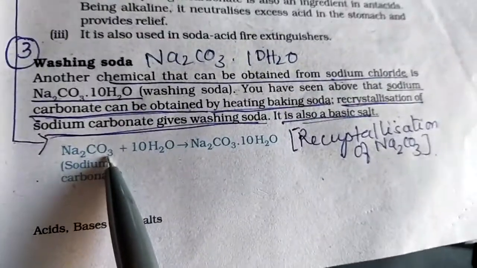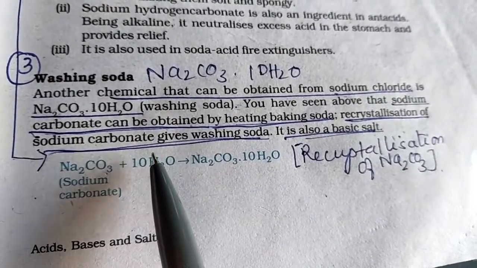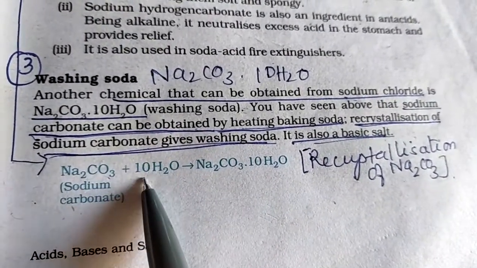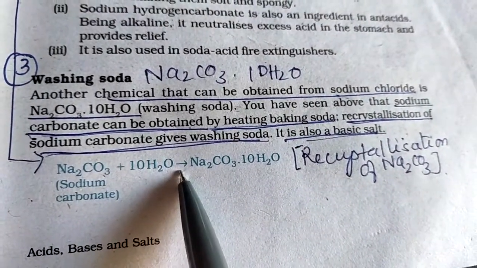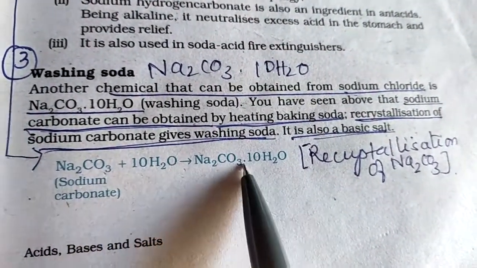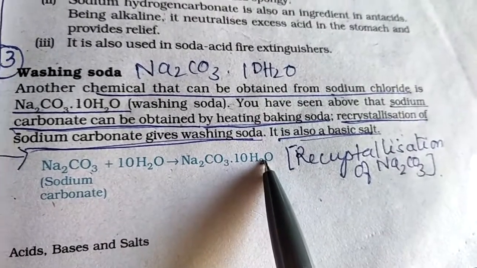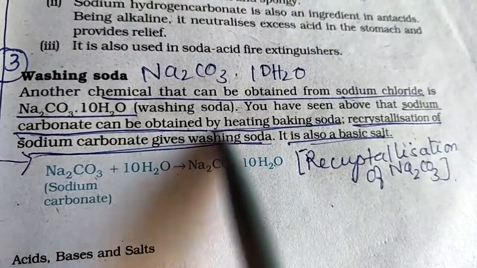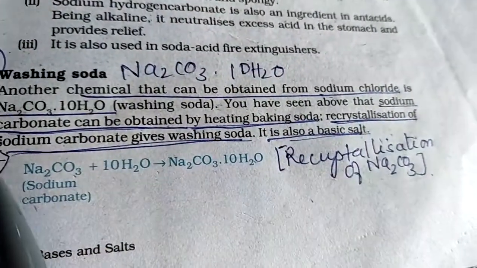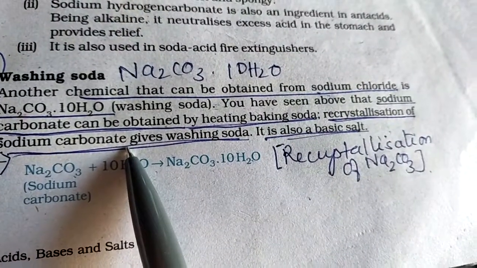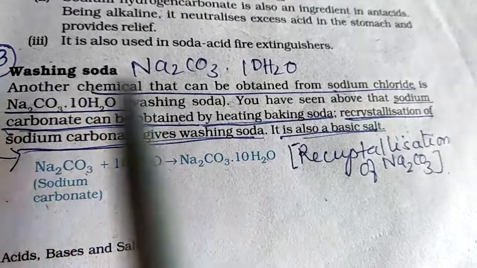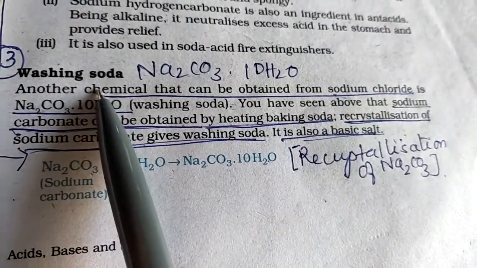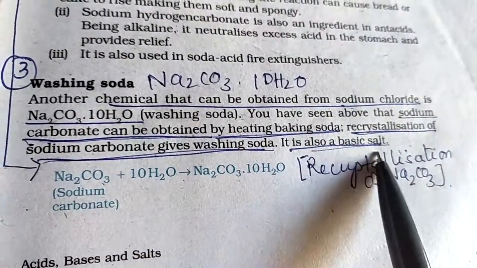This sodium carbonate, when you mix with 10 molecules of water, you get Na2CO3·10H2O. So it is obtained by recrystallization of sodium carbonate. When you recrystallize sodium carbonate, you get washing soda. It's a basic salt.